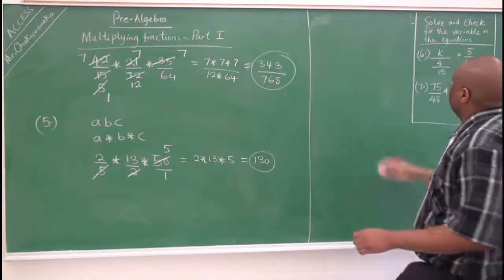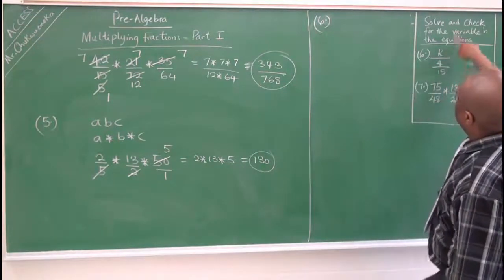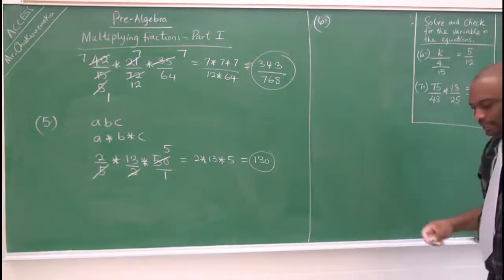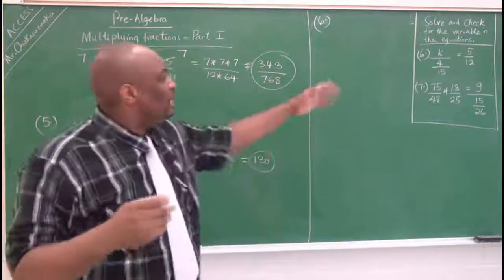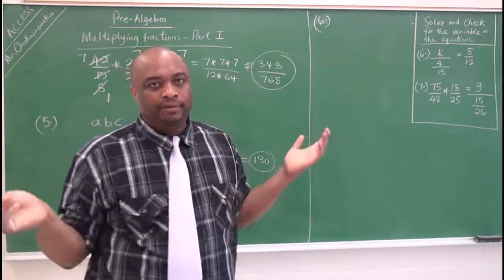Let's finish up. Question 6. We have solve and check for the variable in the equations for 6 and 7. These are equations, so we're going to solve them and then we check.